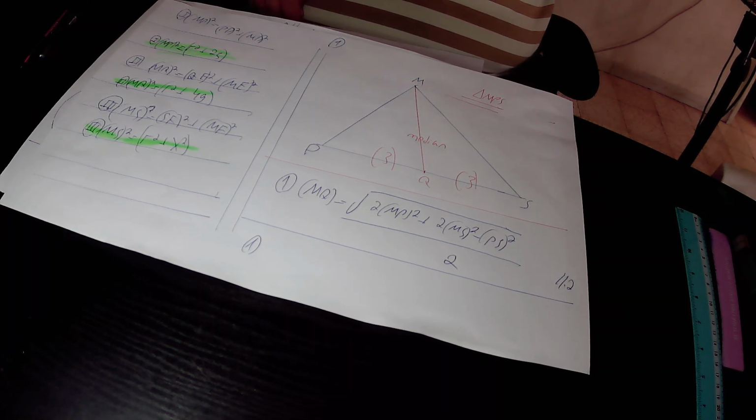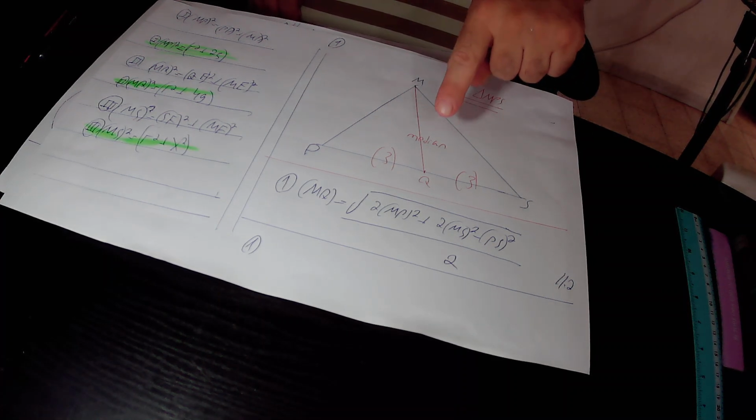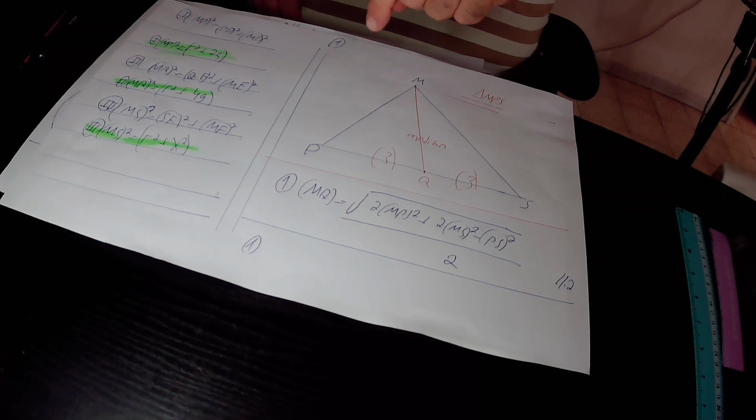So a median of a triangle bisects the opposite side to the vertex. Here the median MQ bisects the opposite side to M. The opposite side to M is PS, and at point Q, the side PS has been bisected into two halves.